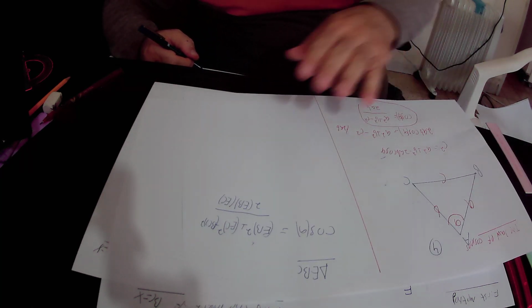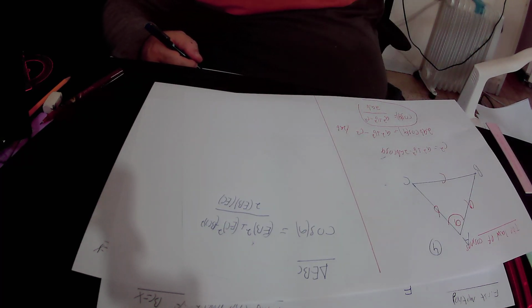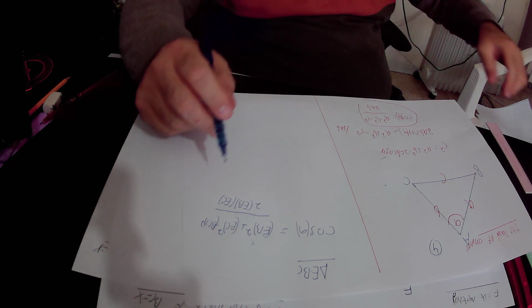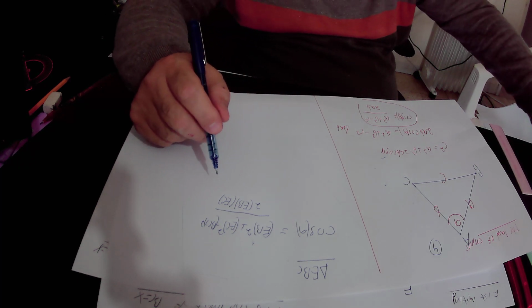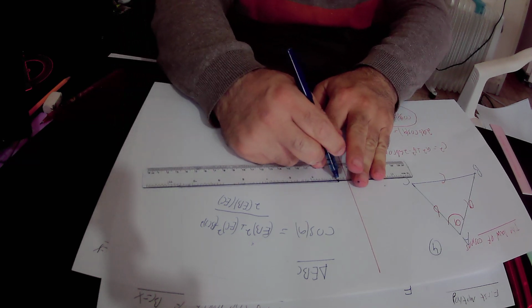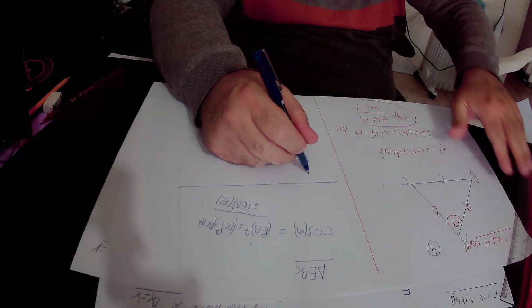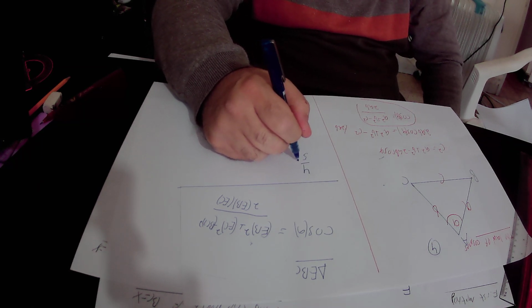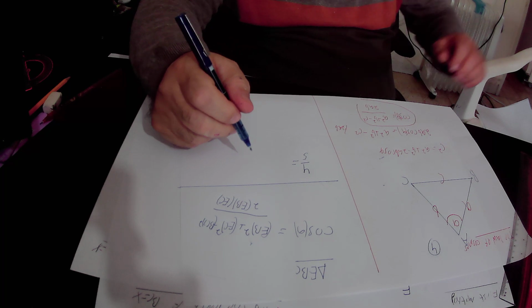So this equation is the implementation of the law of cosines in triangle EBC. We already found out that cosine alpha equals 4 over 5, so we substitute cosine alpha by 4 over 5.